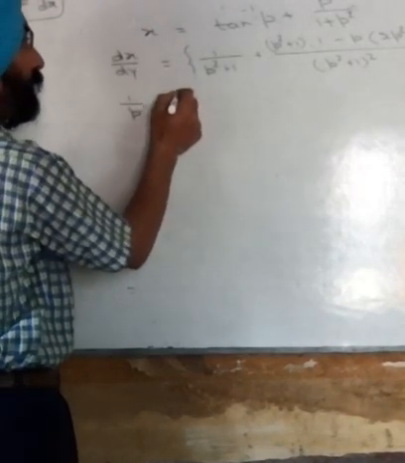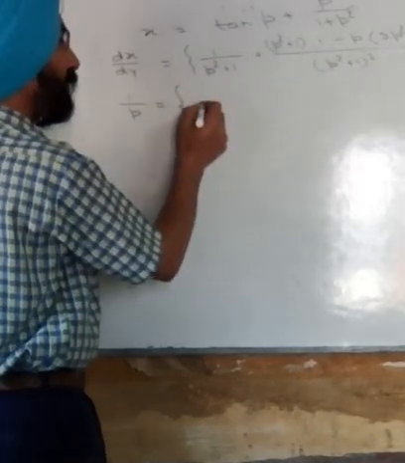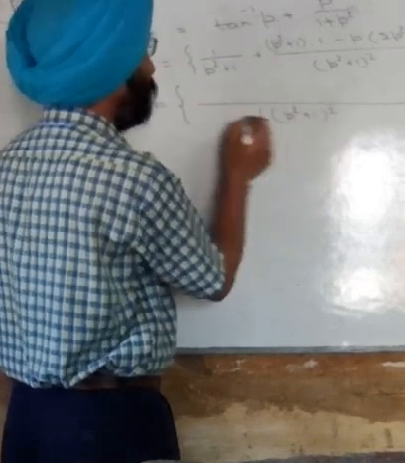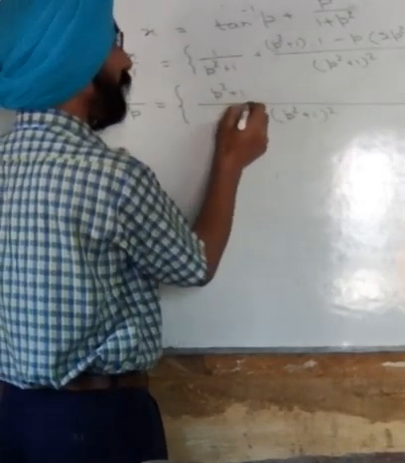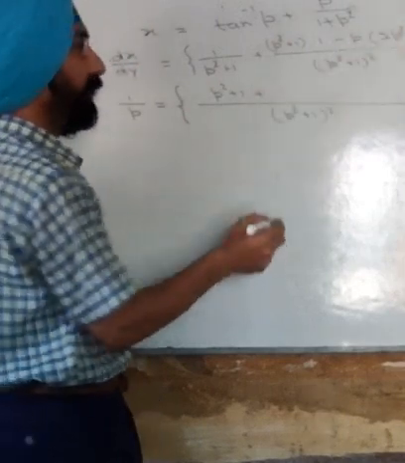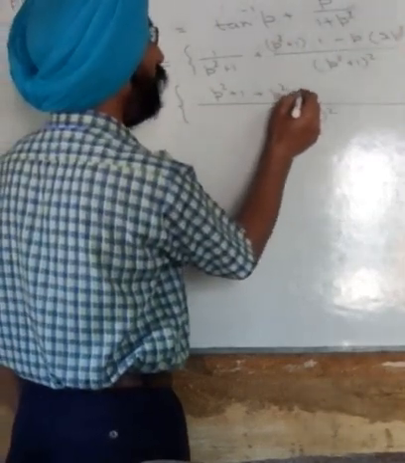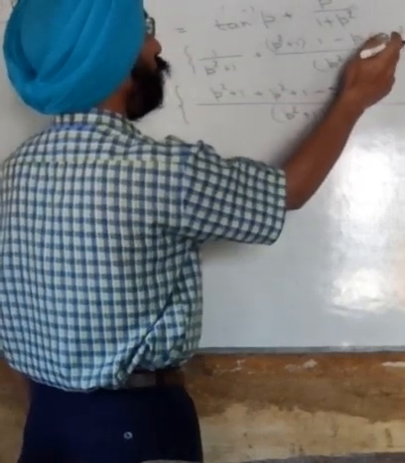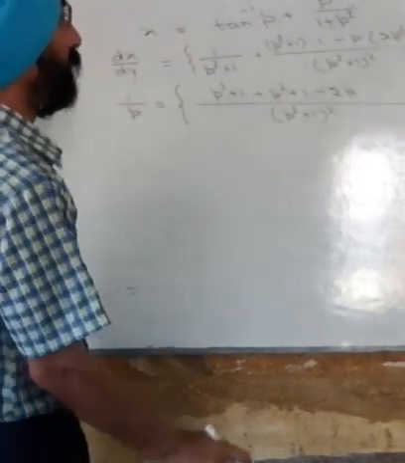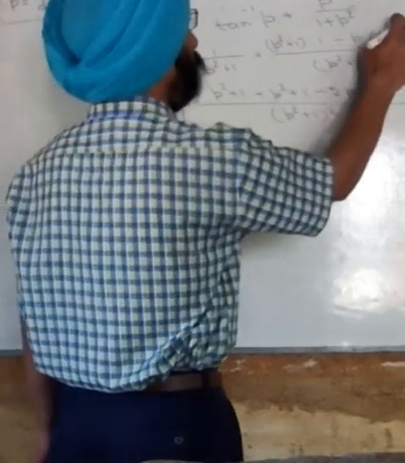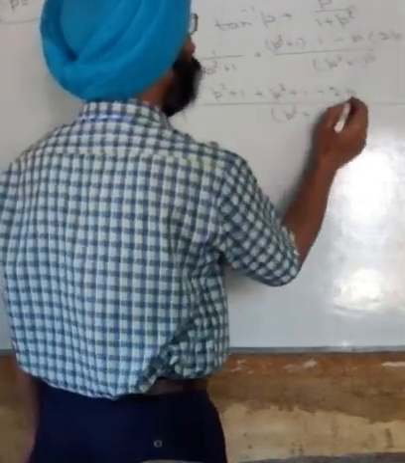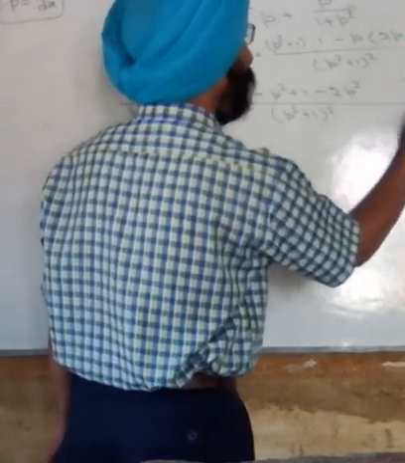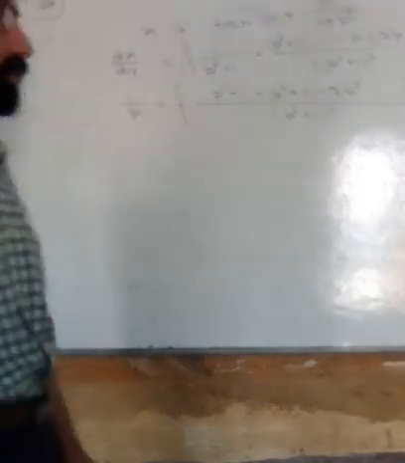1 upon p is equal to, solving this inside bracket, you can take (p square plus 1) whole square as the LCM. You will get p square plus 1 here plus, now solving this you will get p square plus 1 minus 2p. Here it is 2p square I have written, but it is not 2p square, it is 2p, sorry. So multiplying it will become 2p square and dp by dy outside the bracket.